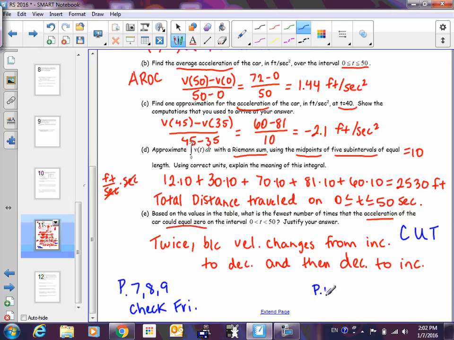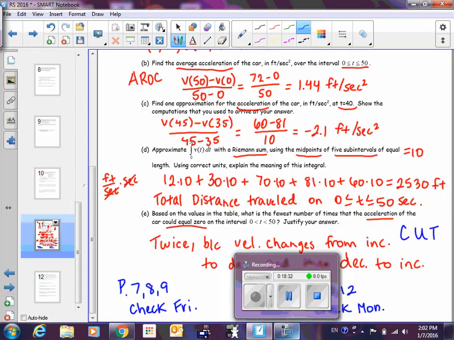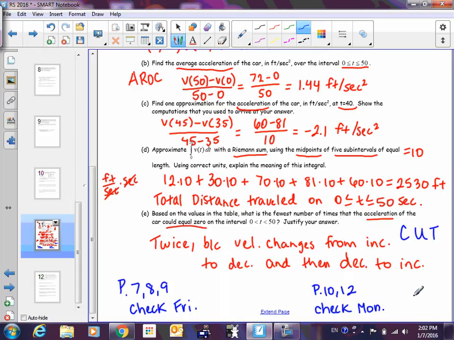All right, pages 10 and 12, that's like what we just did, and I'm going to check that Monday. So if you want to get this all done tonight and not have homework, that would be great. But there you go. I mean, there's some overlap, but there's no AP style problems.